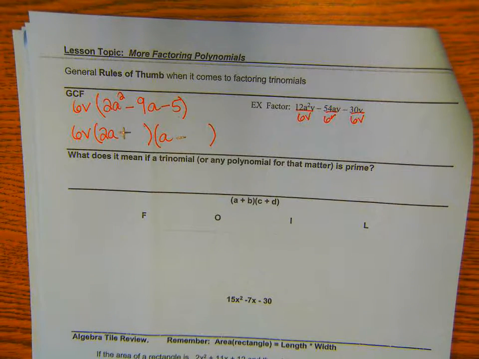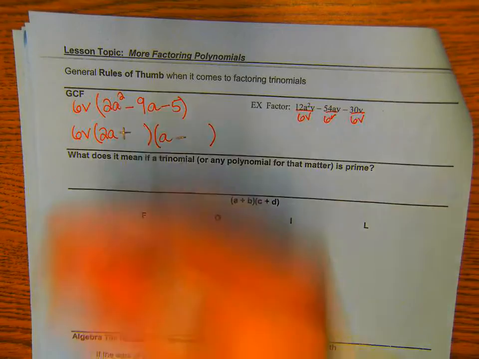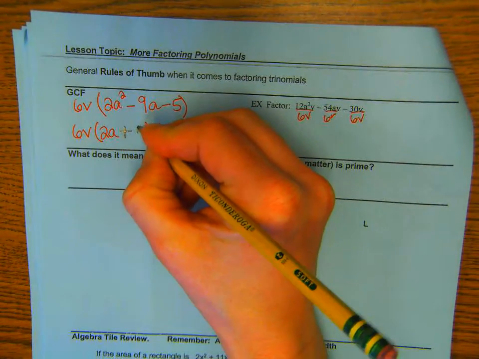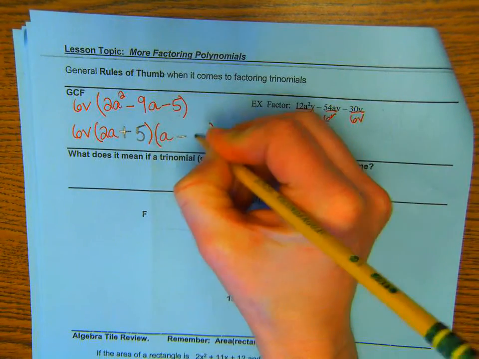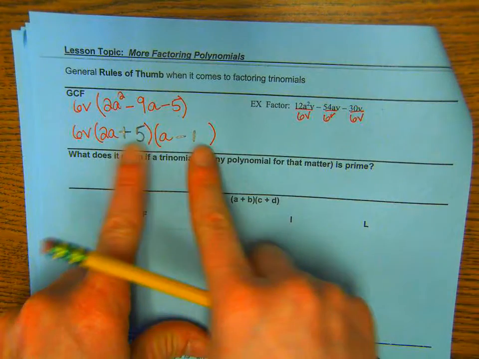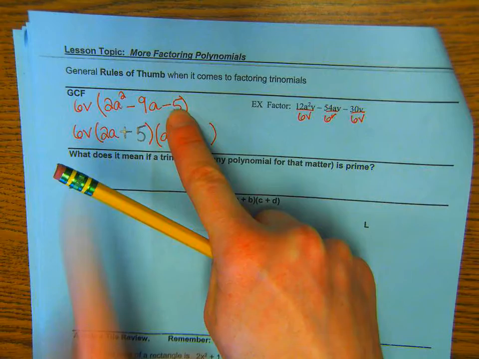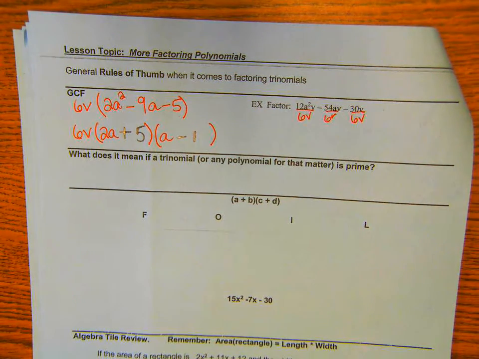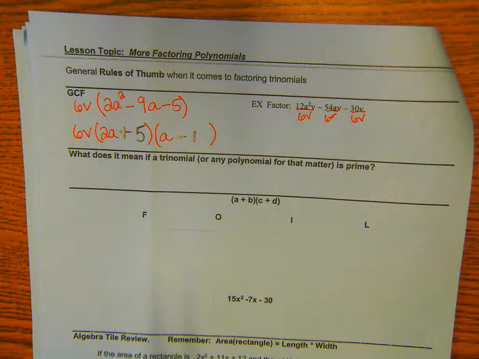Let's go back to 5 though. What's the only thing that multiplies to be 5? 5 and 1, correct? Well, I'm going to just quickly show you. Don't write this down. If I put a 5 here and a 1 here, the firsts are 2a squared and the last are negative 5. How would I check the middle term though? Well, we don't add them. We do the what plus the what?